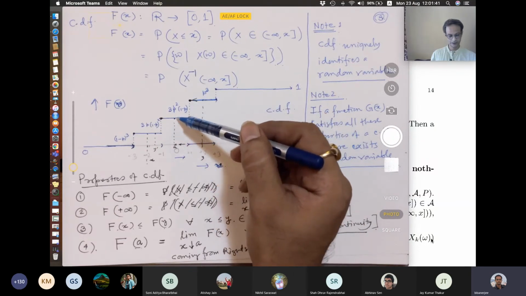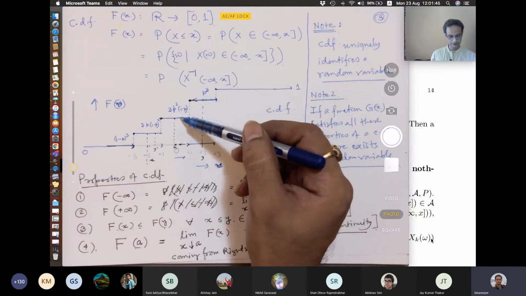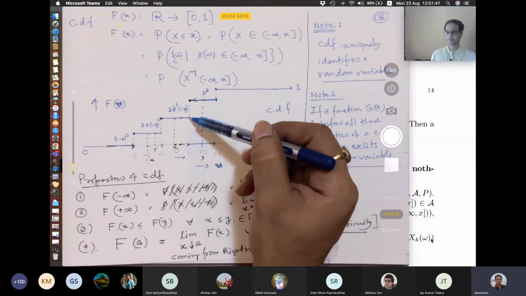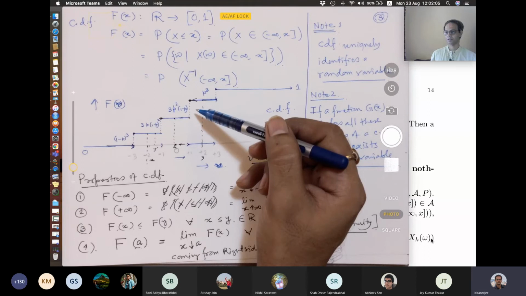And 0.99999 will end up here. Sir, so isn't it a discontinuity? Yes, it is discontinuous. There is no doubt that it is a discontinuous function.